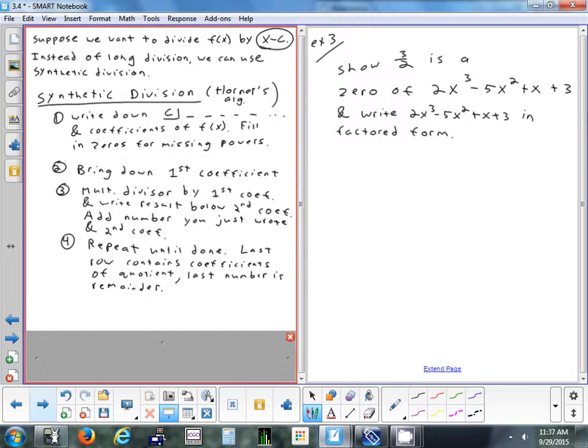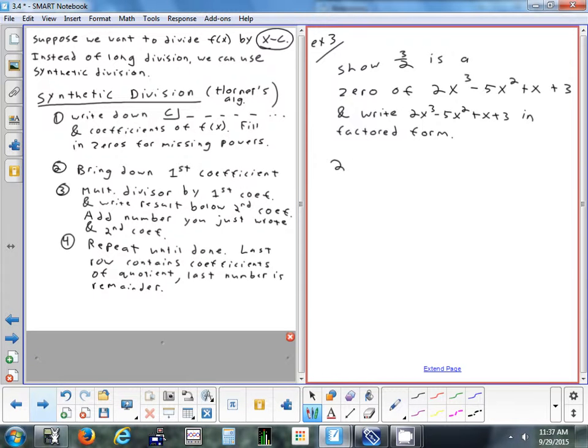And if I do, then it's a root. So this is basically what you're doing, taking this. And if I think 3/2 is a root, what would be a factor? x minus 3/2.